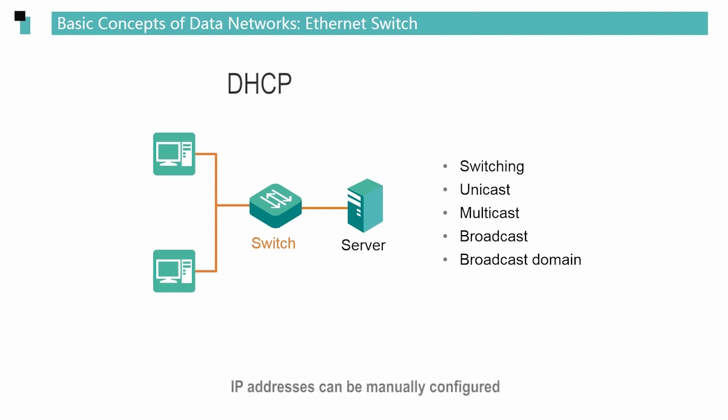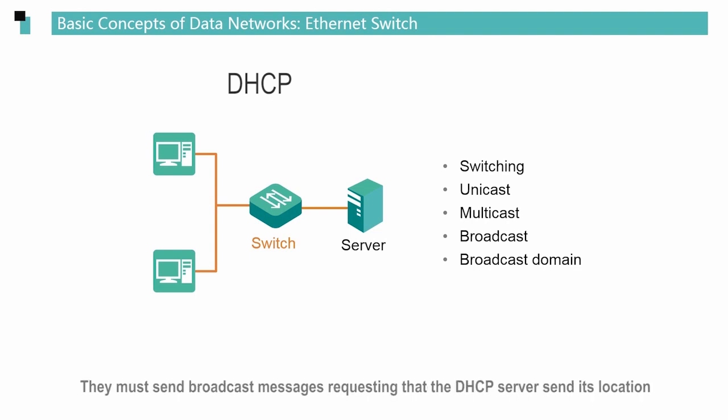IP addresses can be manually configured, or they can be dynamically obtained using DHCP. Dynamically obtaining IP addresses requires a DHCP server, and IP addresses are dynamically assigned using the DHCP server. To begin with, hosts don't know where the DHCP server is located on the network.